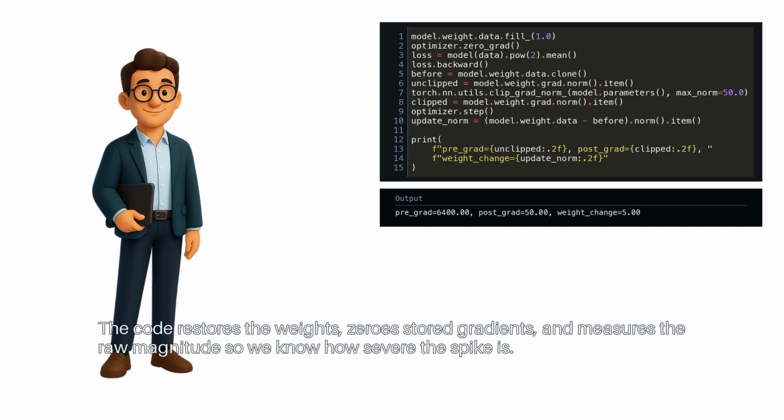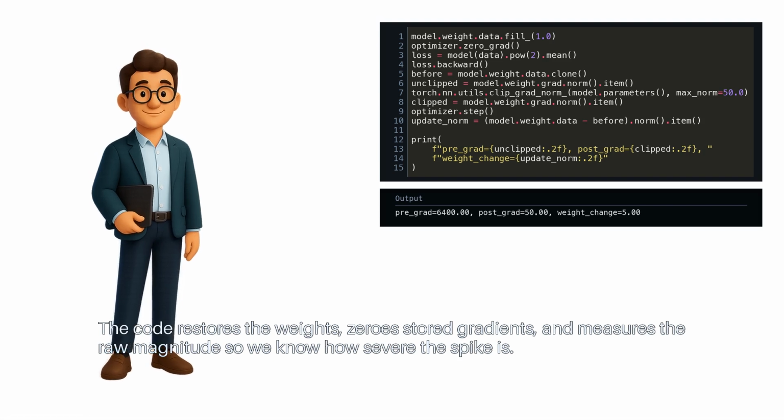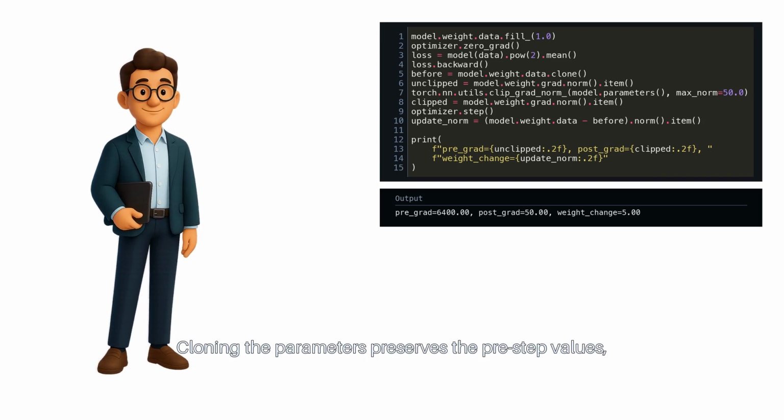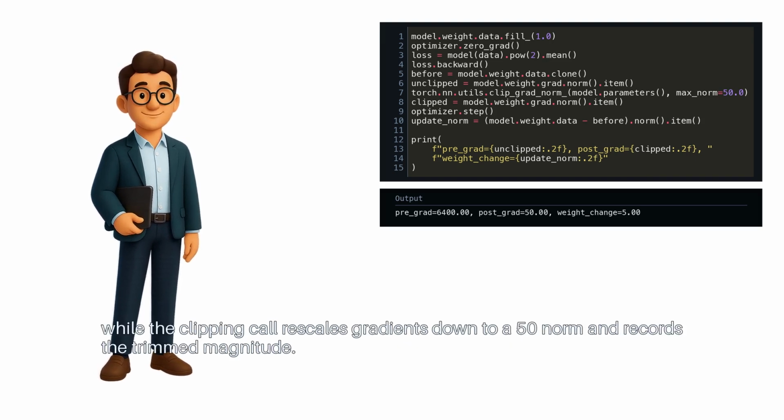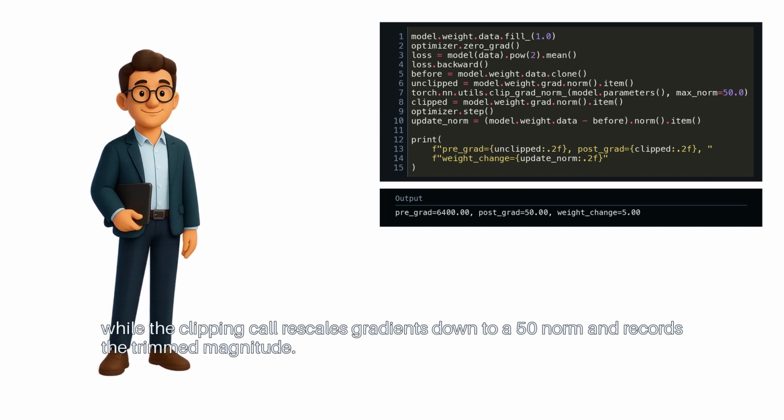The code restores the weights, zeros stored gradients, and measures the raw magnitude, so we know how severe the spike is. Cloning the parameters preserves the pre-step values, while the clipping call rescales gradients down to a 50 norm and records the trimmed magnitude.